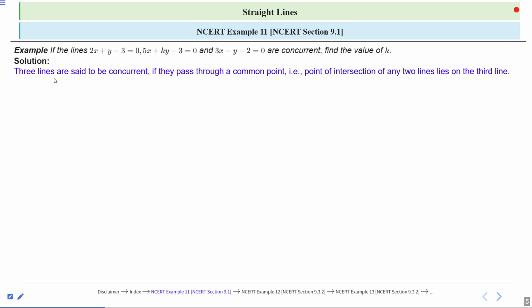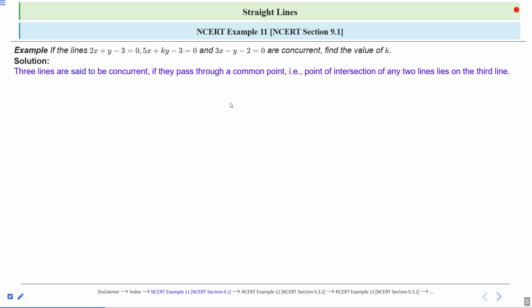Three lines are said to be concurrent if they pass through a common point. That means the point of intersection of any two lines lies on the third line.